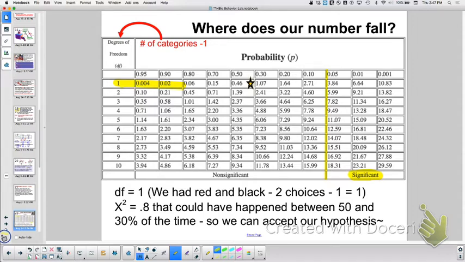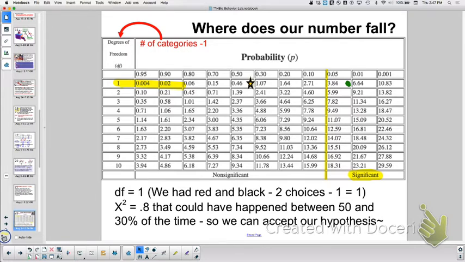If I got a bigger number, like my chi-squared value was 5, then I would be way over here, and it would only be between 1 and 5% of the time would I ever get that due to chance. So do you think that would have happened? No. Okay? Remember, you're looking to see how much you are off.